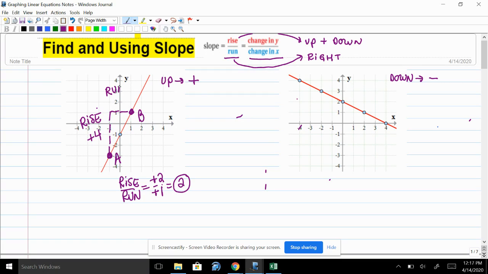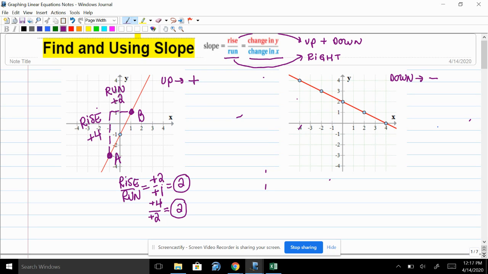So your run now becomes 2, which is not a big deal. So your rise over your run now is +4 over +2, which also divides to make 2. So the moral of the story, guys, is it doesn't matter what points you pick. You can go whatever direction you want. You can pick whatever points you want. The only recommendation that I make is that you always run to the right.